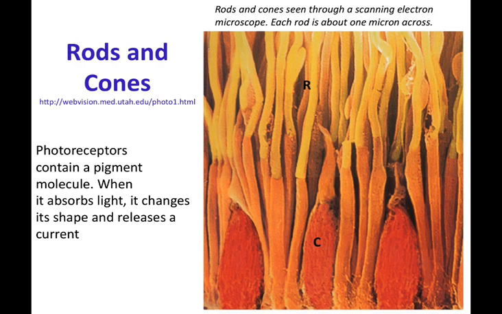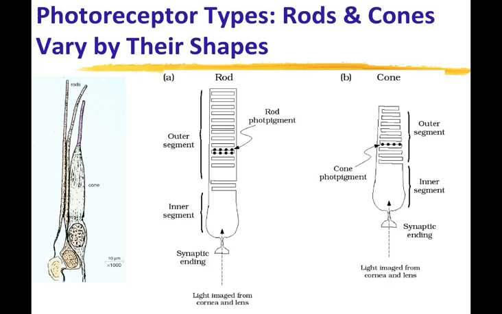For example, the pigment in rods is called rhodopsin, spelled with an H. And basically, as it absorbs light, it changes its shape in a process called isomerization.